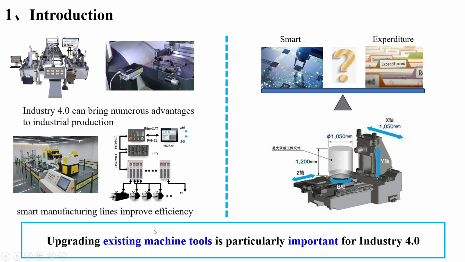Therefore, upgrading existing machine tools is particularly important for Industrial 4.0. So how do we do that? Firstly, I analyze the X, Y axes of machine tools by installing sensors to monitor the distance of the X, Y axes.